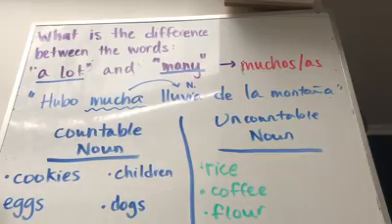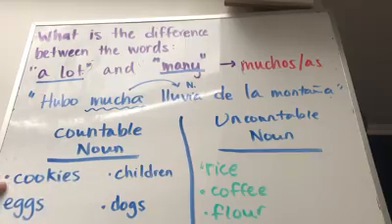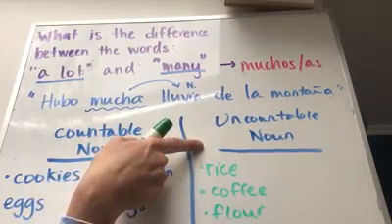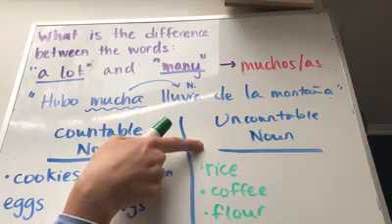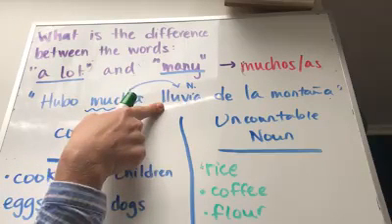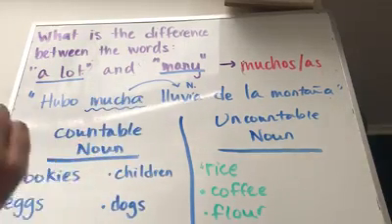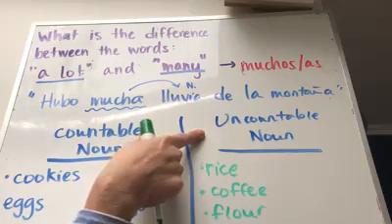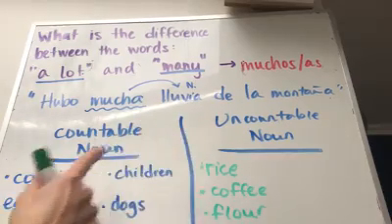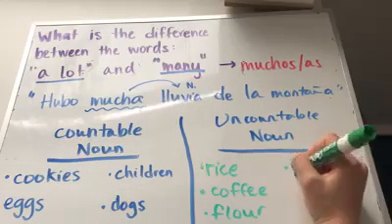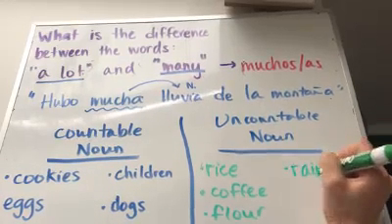So these are things that we can count, podemos contar, and things that we cannot count, no podemos contar. So if we're talking about rain, lluvia, podemos contar cada parte de la lluvia o no podemos contar. So for rain, it is an uncountable noun.